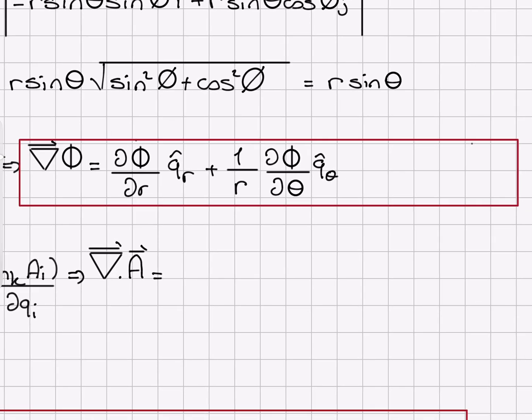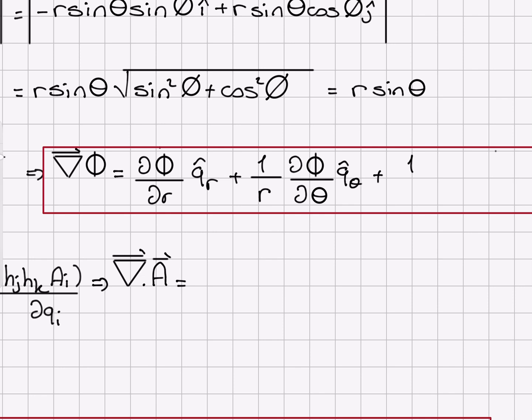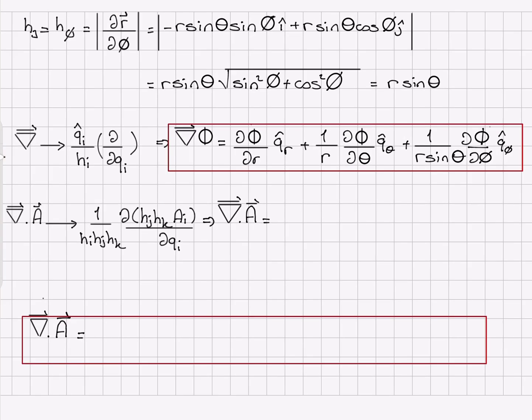And then we have 1 over r sine theta, del phi del phi in q phi hat direction.